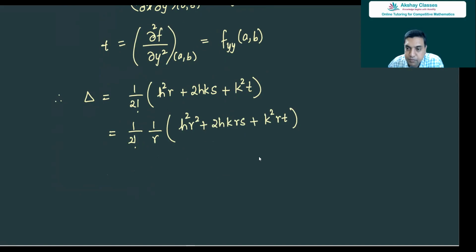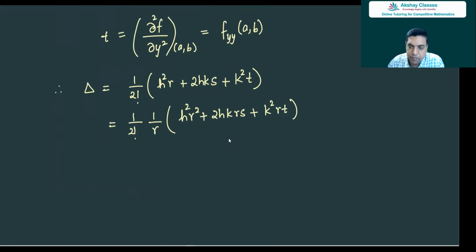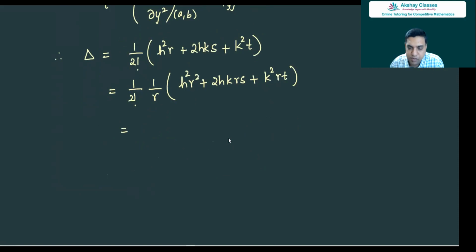This is 1 by 2r times, now we can convert this to hr plus ks the whole square minus k square s square plus k square times rt.